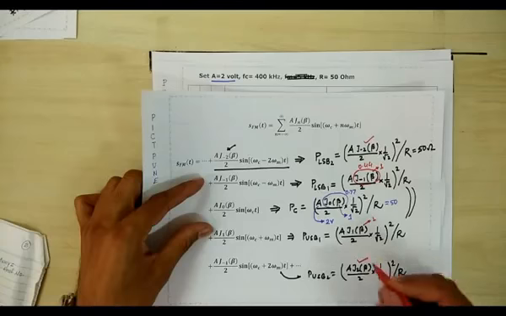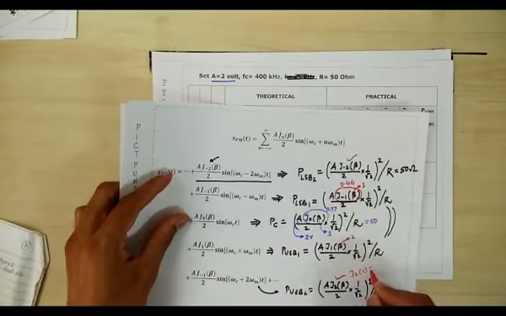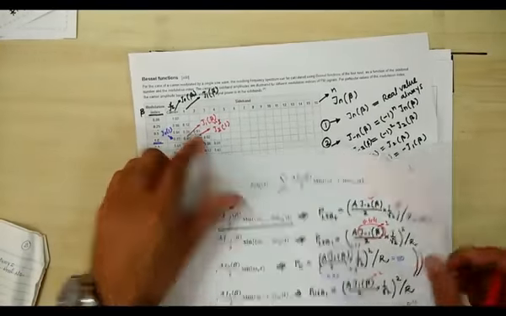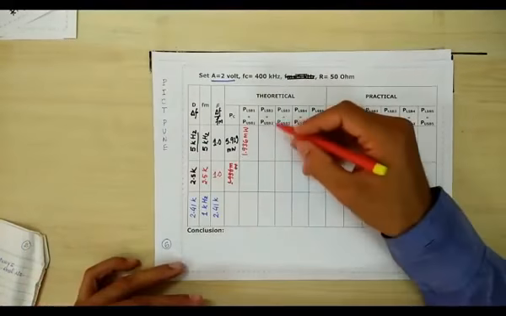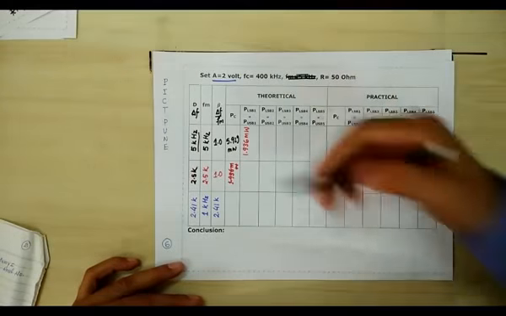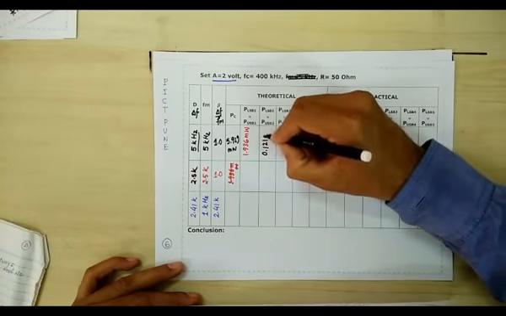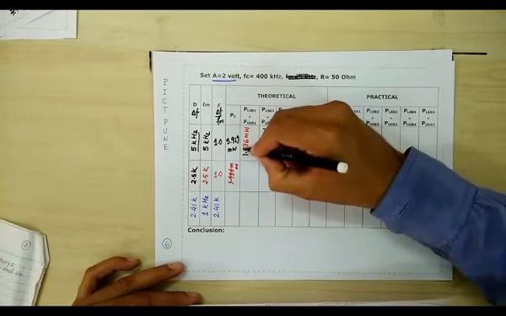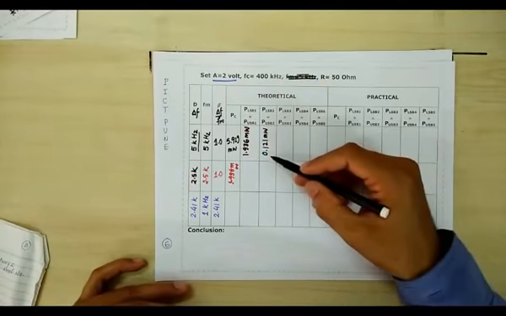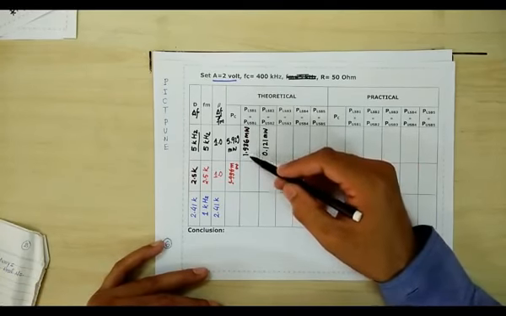After plugging in the values, we can calculate PLSB2, which is 0.121 milliwatt. So the second lower sideband is 0.121 milliwatt, and the first lower sideband, or equivalently the first upper sideband, is 1.936 milliwatt.